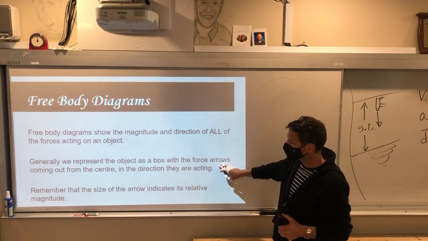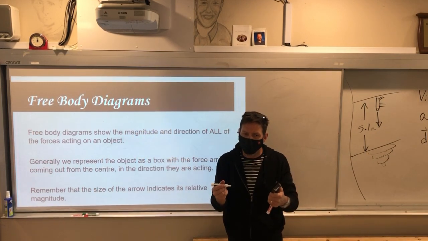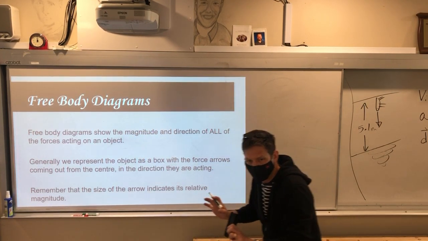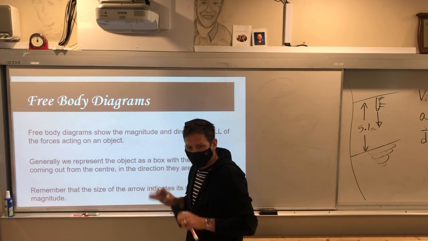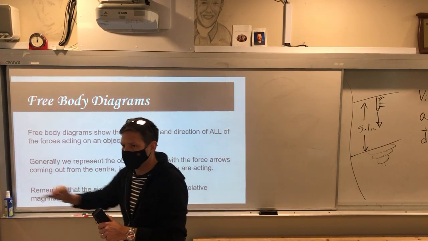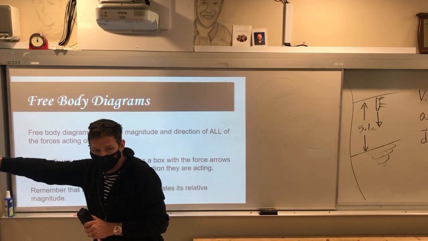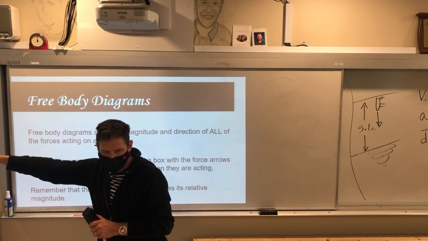We draw the force arrows coming out from the center, not in towards the object. So if you're pushing something, even though you're pushing the box, you would draw the arrow from the box out, because the box is being accelerated that way. Does that make sense? Matthew?